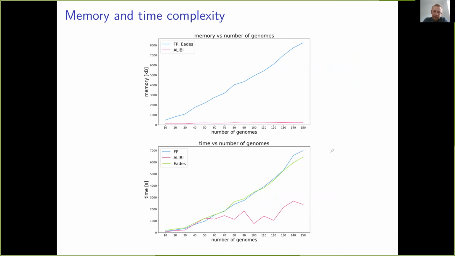Here are the complexity results. As we can see, our algorithm has the lowest memory and is faster than the two other algorithms, and the difference is getting higher for larger numbers of genomes.